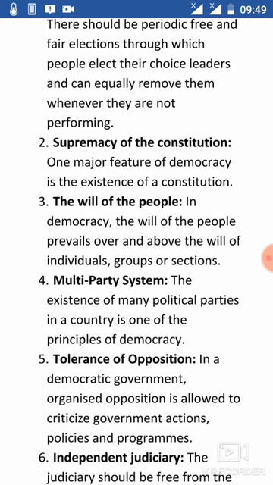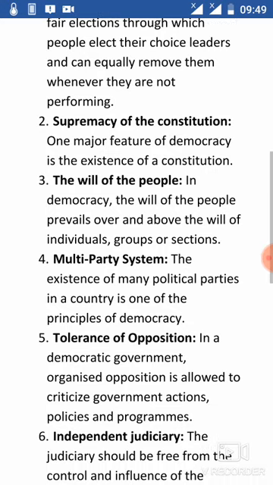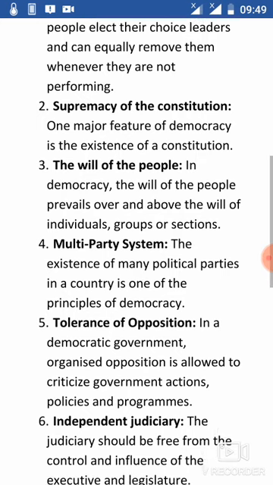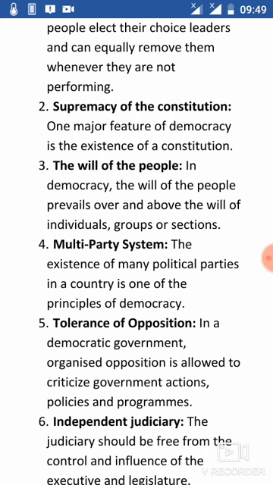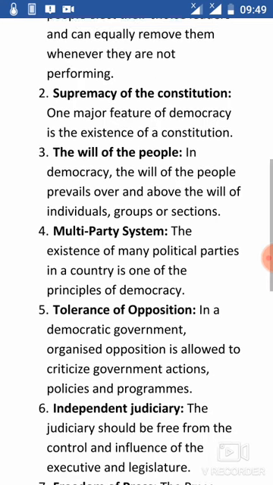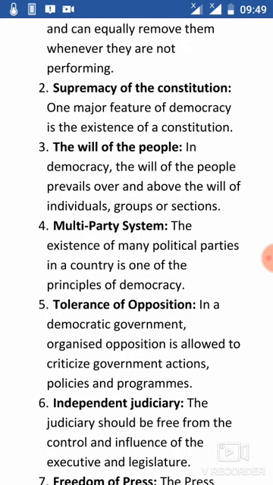Number 3, we have the will of the people. In democracy, the will of the people prevails over and above the will of individuals, groups, or sections. Any democratic government must have the support of the citizens and is there to serve their interests. Number 4, multi-party system.